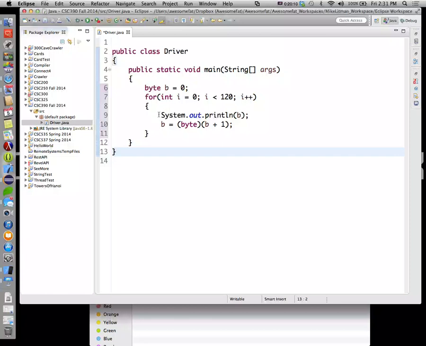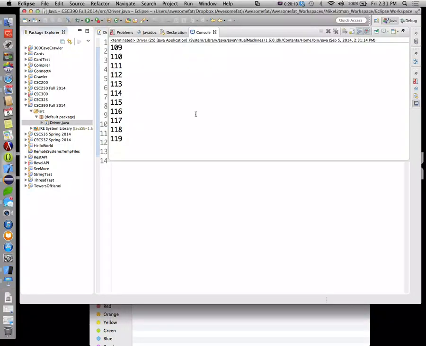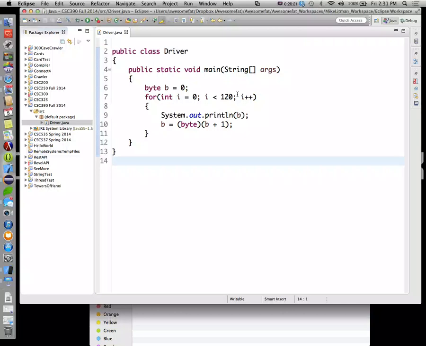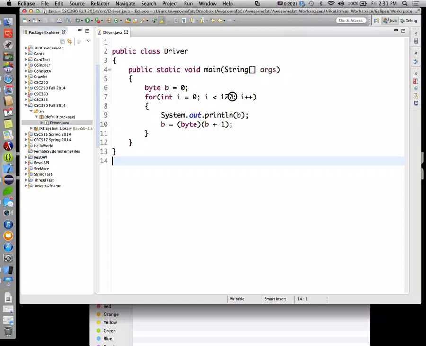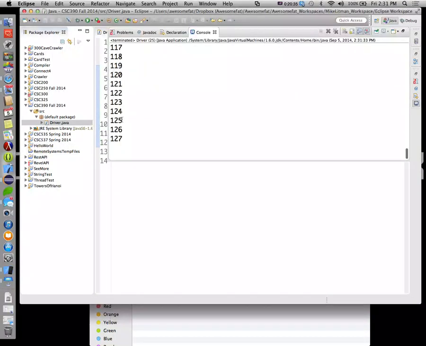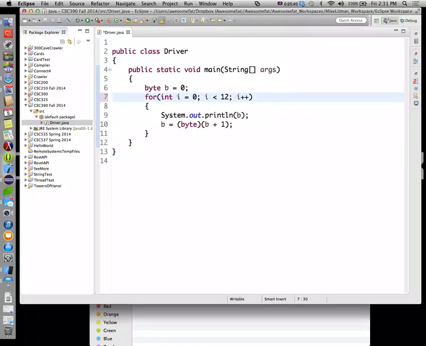So we're going to print out the current value of b over and over again and add 1 to b each time. And this is going to get us from 0 to 119. Let's let it go all the way up to 127. This is 126. Let's let it go to 128. This is 127. Now what happens if I let it go to 129?